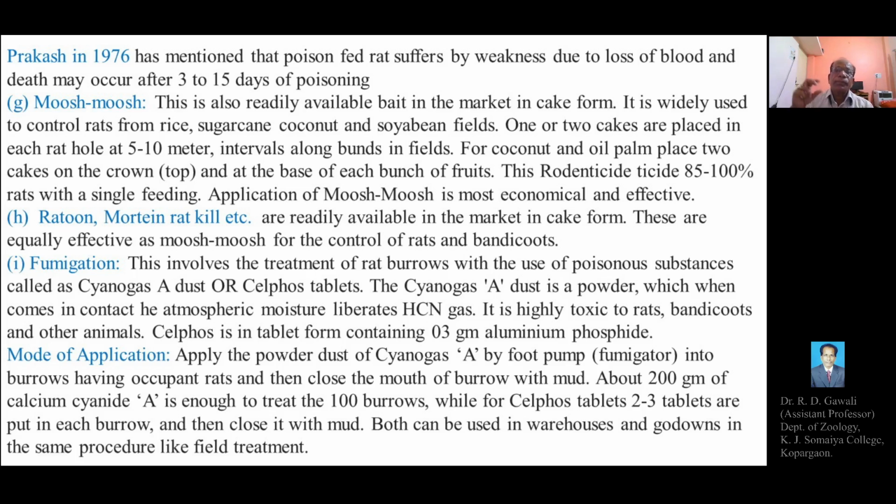Sulfose is in a tablet form and it contains 3 gram of aluminum phosphide.